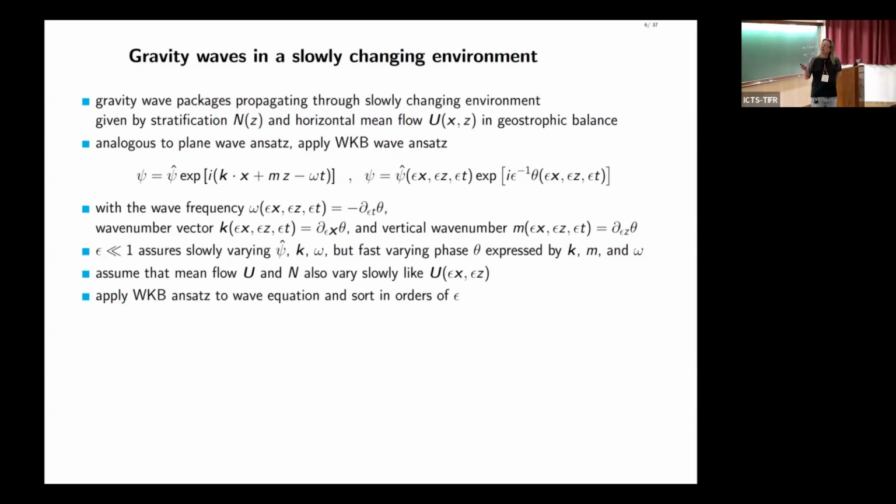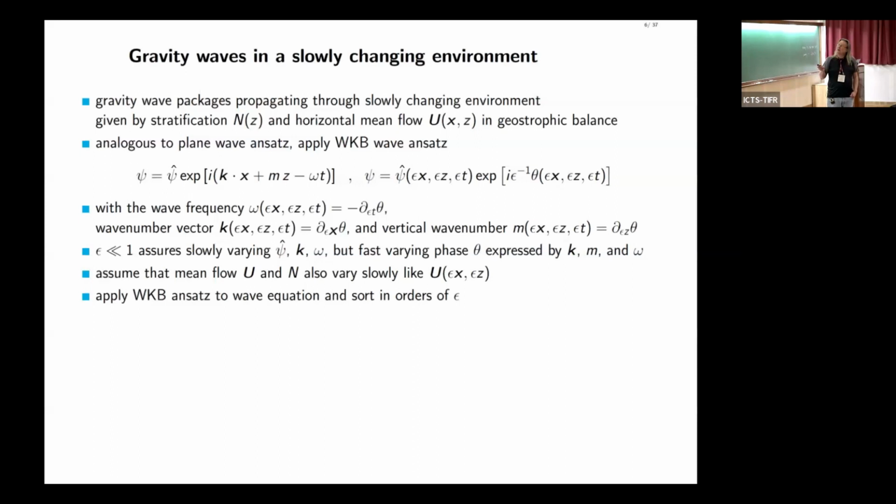You do this wave ansatz, and because you have introduced this small parameter, you now have orders or powers in epsilon. The zero order would be just terms without any epsilon in front. And you're supposed to sort the equations into orders or powers in this epsilon, and they should be valid in each of these powers or orders of epsilon. And of course, the most interesting one is the zero order, where there's no epsilon.